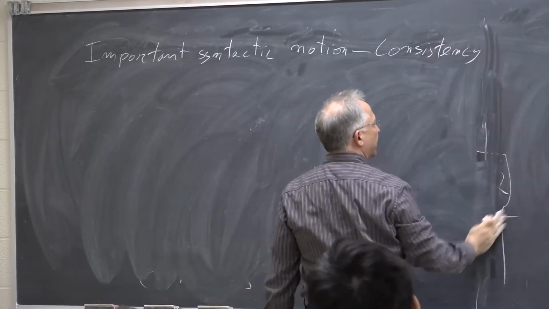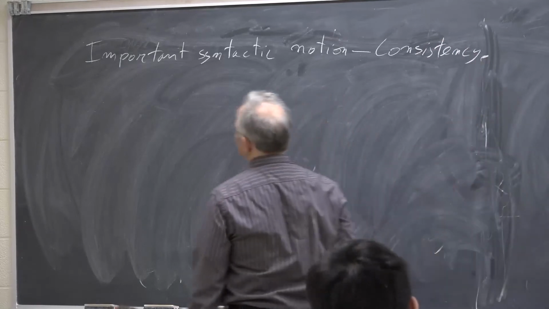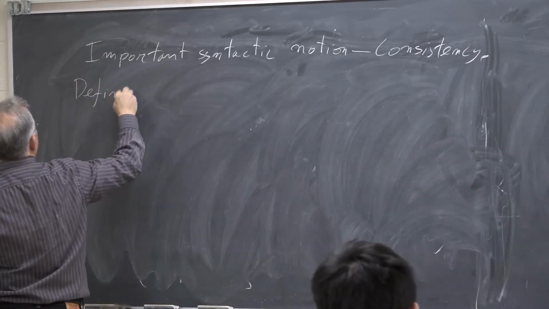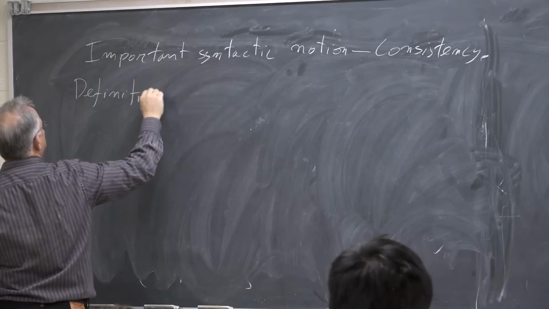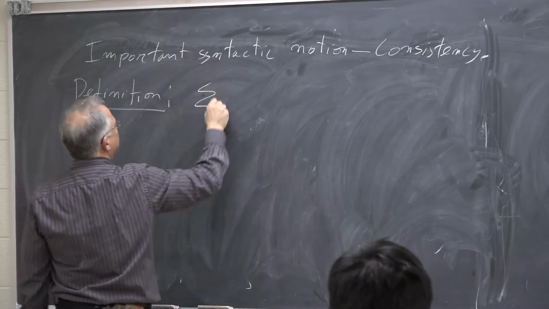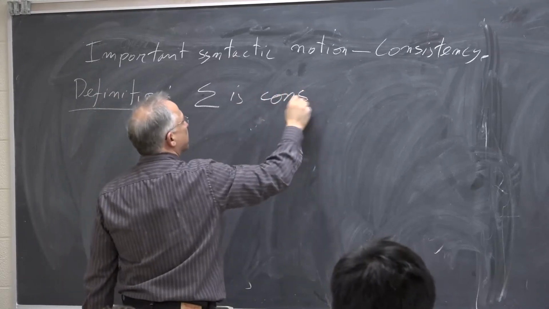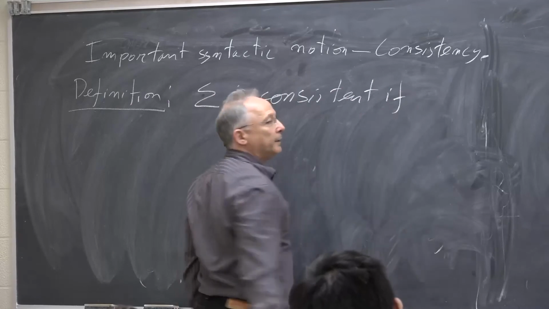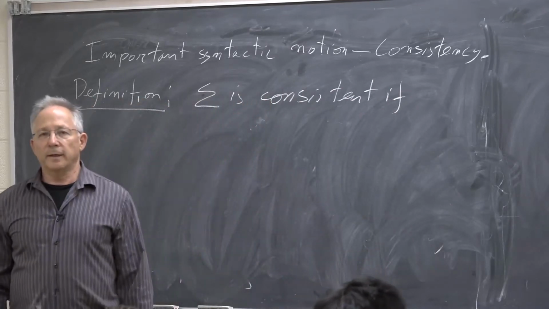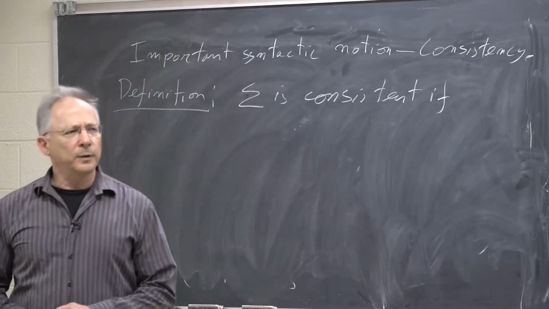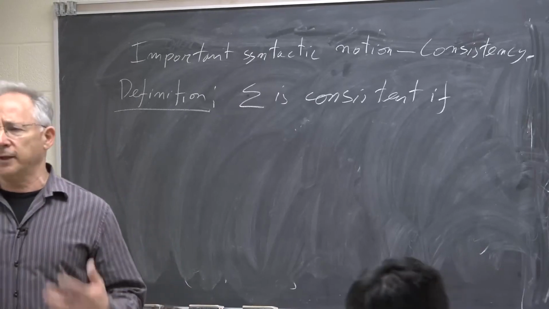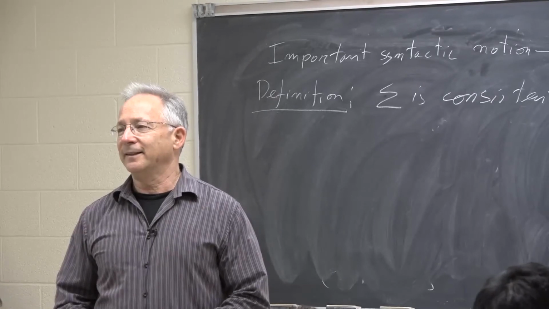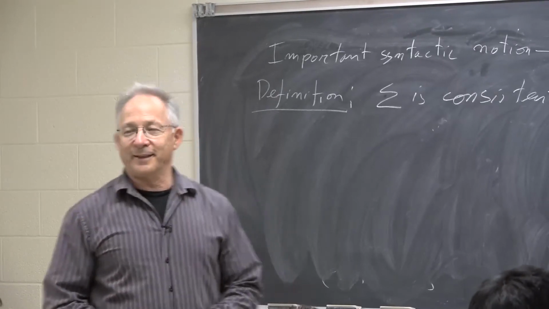So what does it mean that a set of assumptions is consistent? So here I have a definition. Sigma is consistent if, anybody wants to propose, how will you define a set of assumptions which is consistent? Yes? Such that it can't logically imply alpha and not alpha? Very good. Okay.